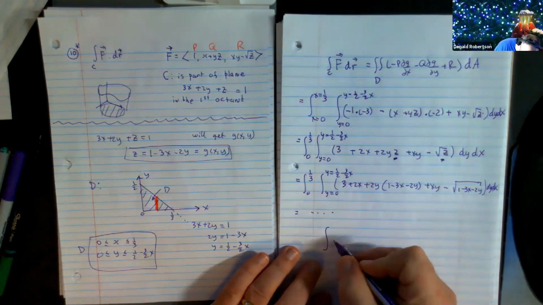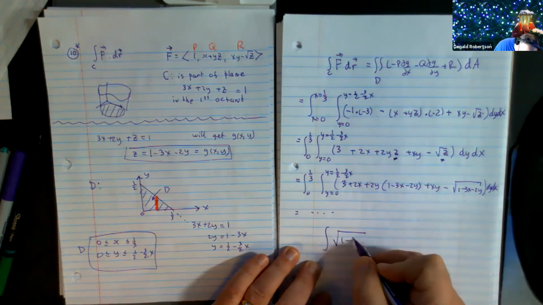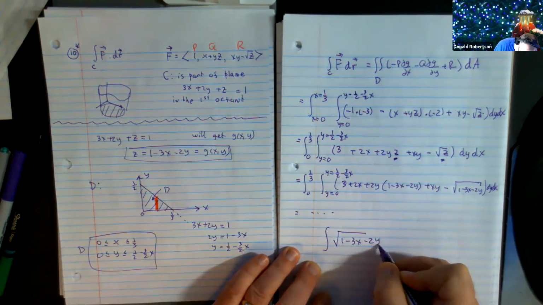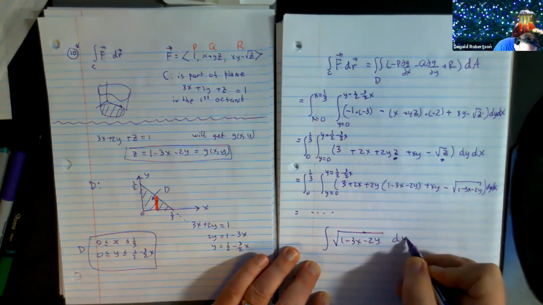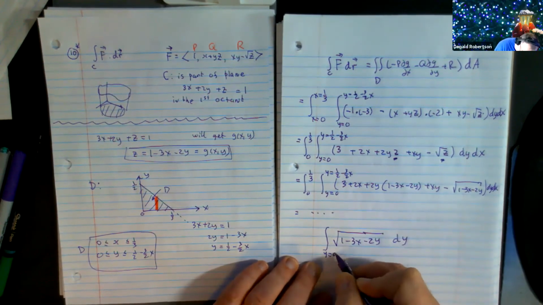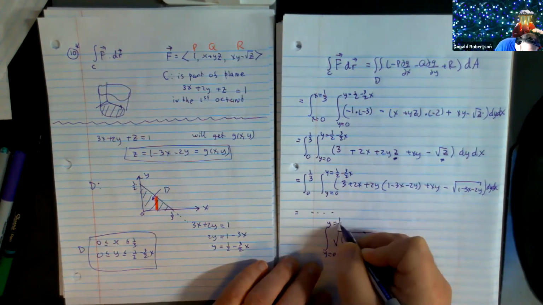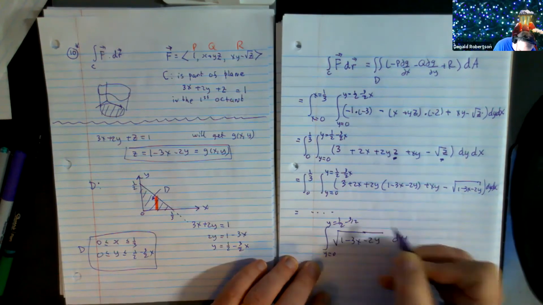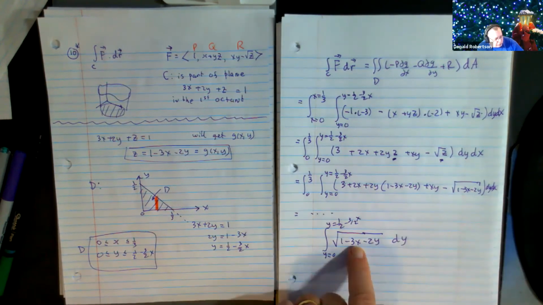Suppose I wanted to integrate this fella with respect to y from y equals 0 to there. Well, square roots are not very helpful if you want to integrate, so I'm going to call it a half power.